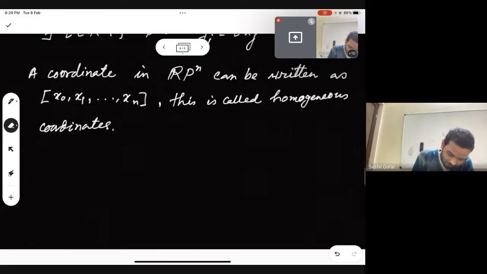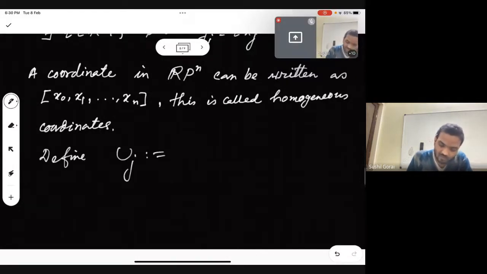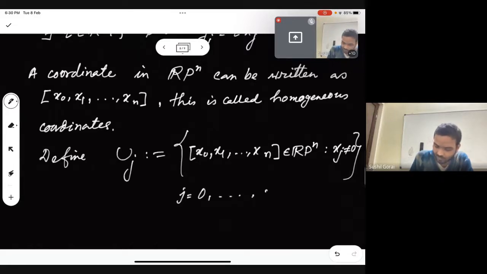So you define Uj as the collection of all these [x0, x1, ..., xn] in RPN such that xj is not equal to 0, for j from 0 to n.